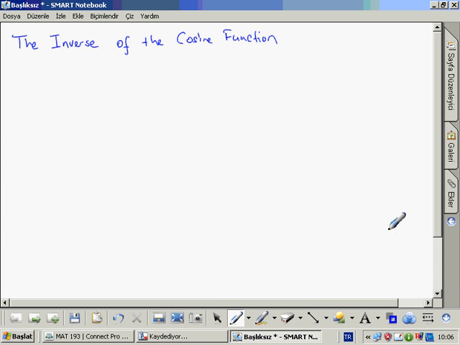Okay, let's continue with the inverse of the cosine function.